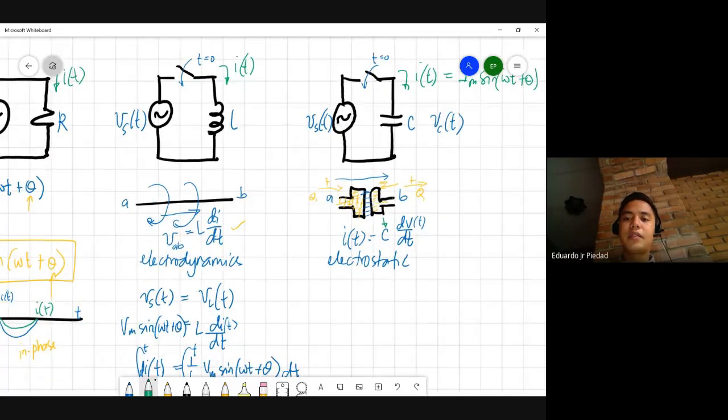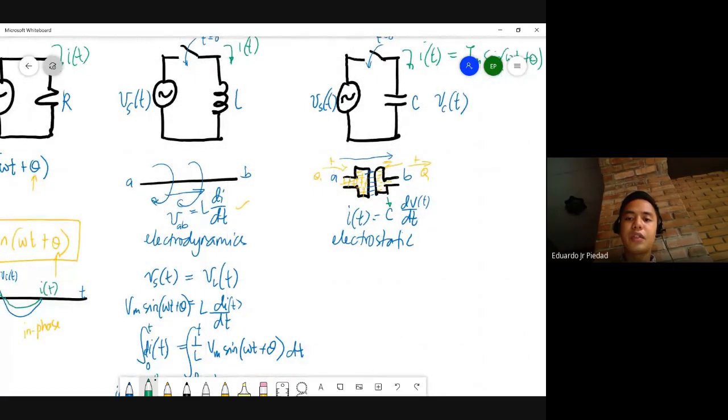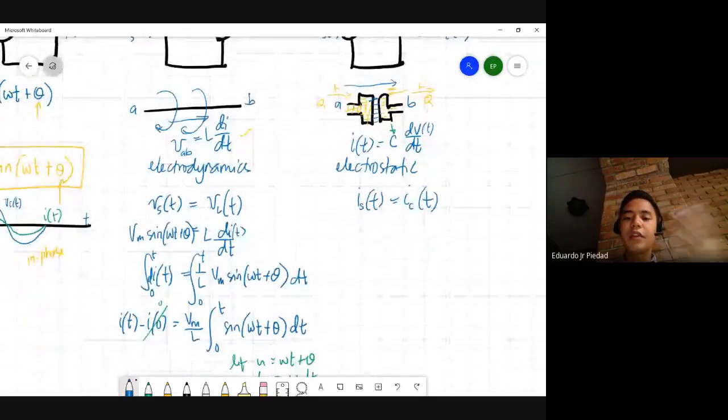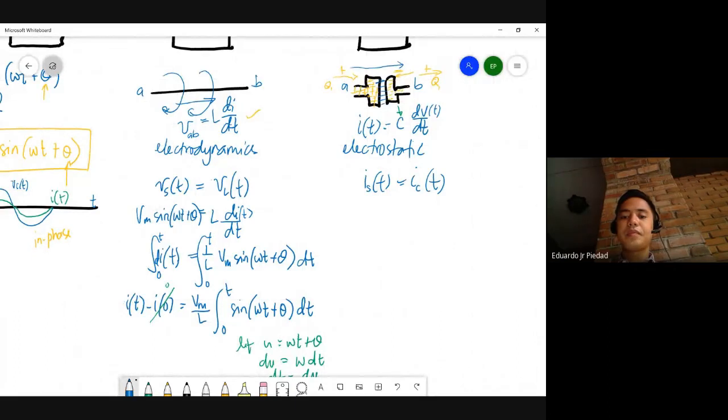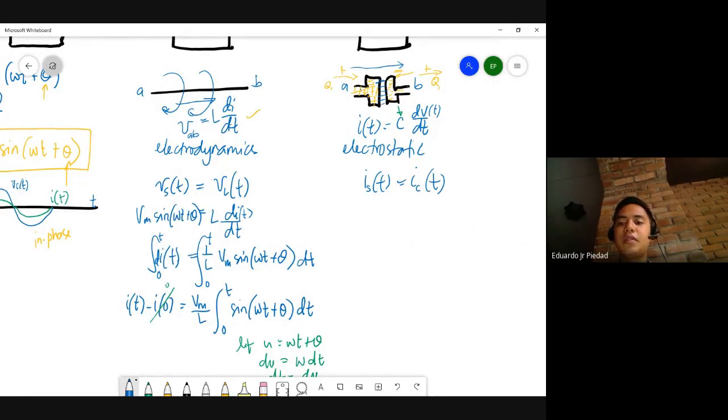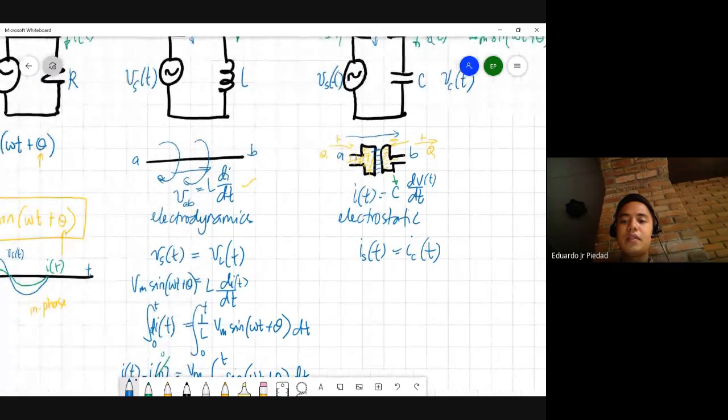Using KCL, Is of t is equal to Ic of t, the current flowing from the source to the capacitor.